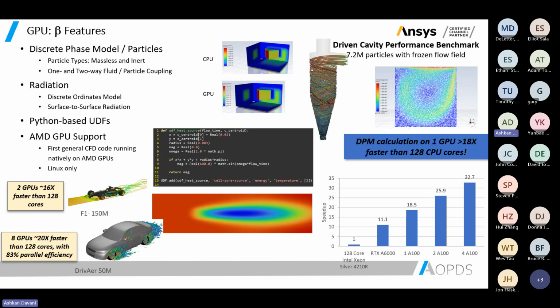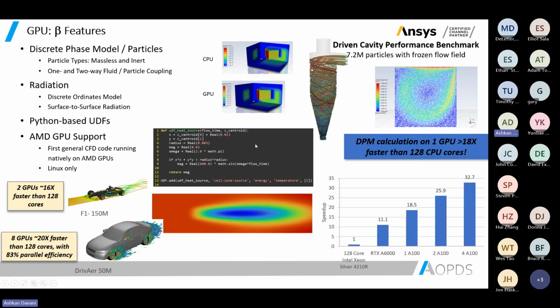For those of you who have AMD machines, because AMD GPUs are much cheaper than other companies', right now we can run GPU on AMD machines, but you have to know that as of today, it's only on Linux machines. There has been a lot of testing of all of these for DPM calculations. One GPU resulted in 18 times faster than 128 CPU cores, and again, these high-end CPUs are much more expensive than GPUs.